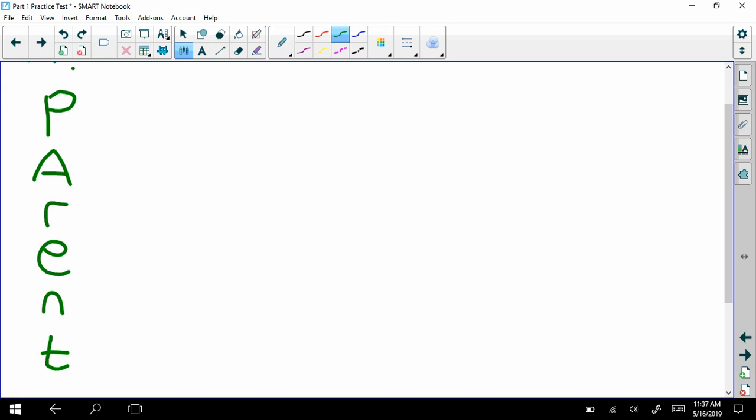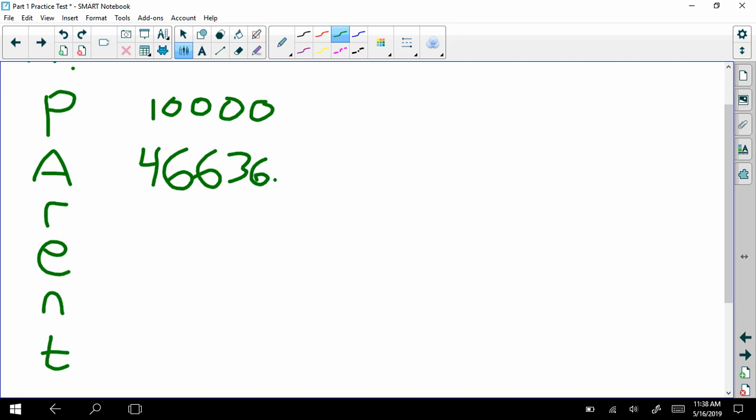On number 17, the principal is $10,000. A is the amount, the ending amount, which is a lot, 46,636.59. And then the interest rate, well, if you look at the question, it says, what is your interest rate? So that's what we're solving for.